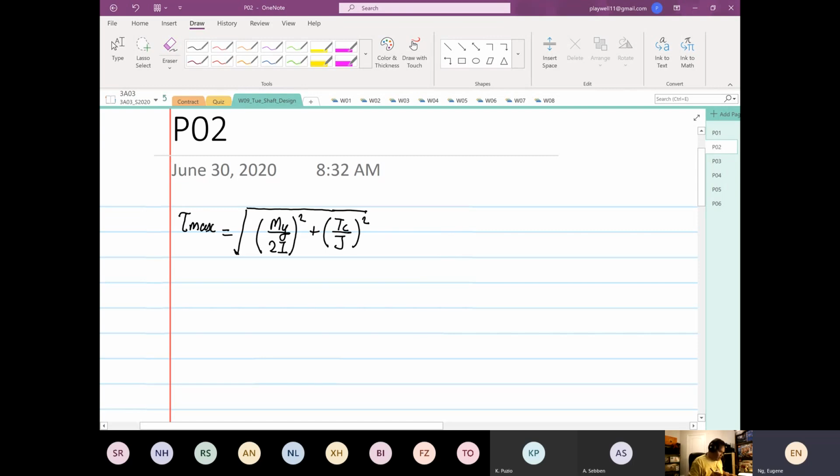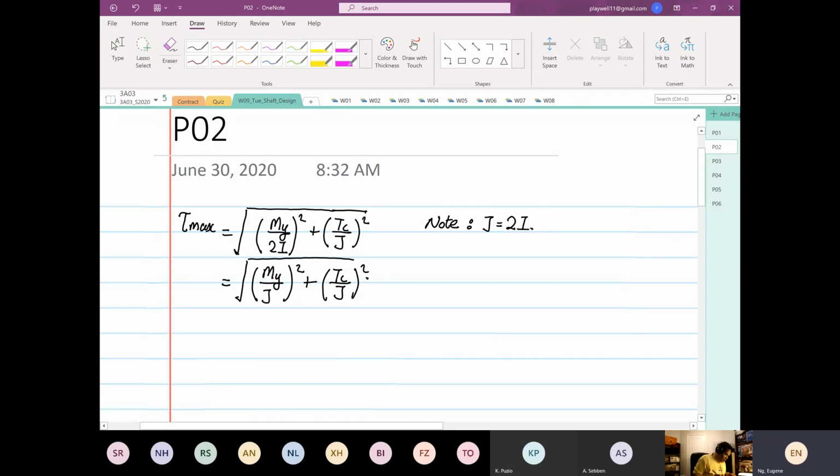Note that relative to the shearing stress, the second polar moment J is equal to 2I. So from here, tau max will be equal to the square root of My over J, squared, plus Tc over J, squared.